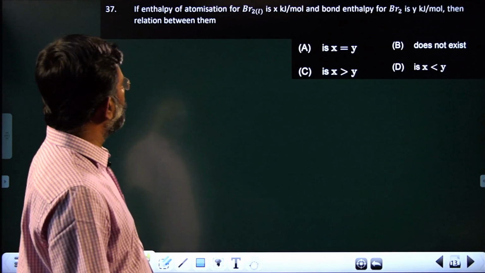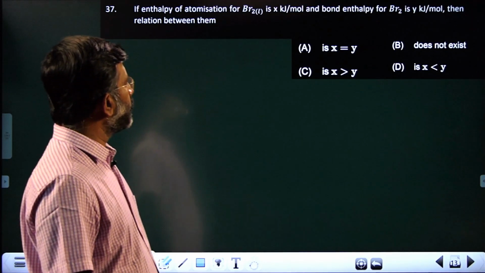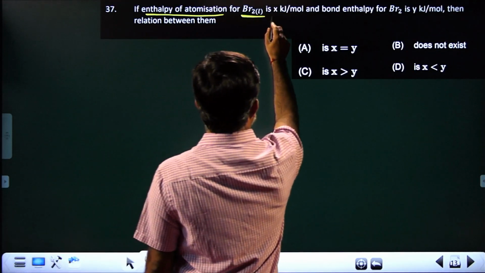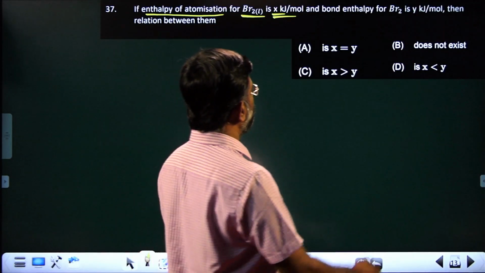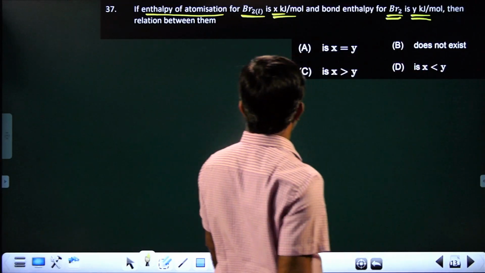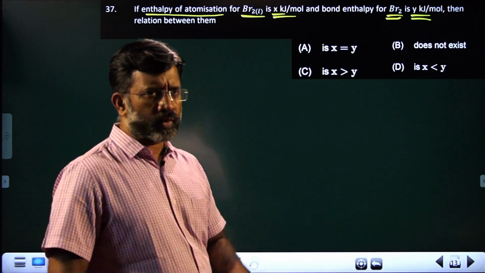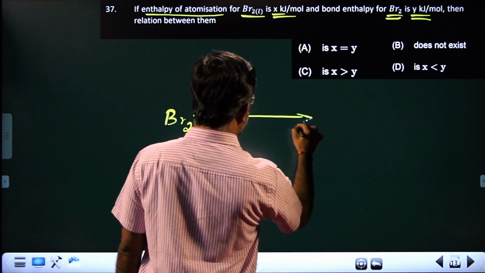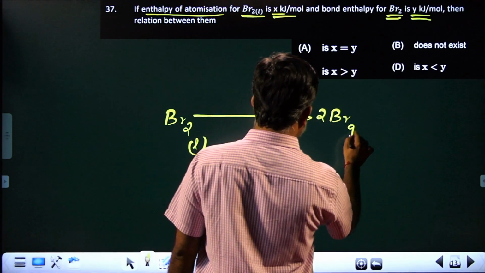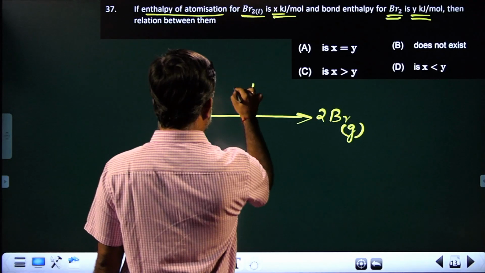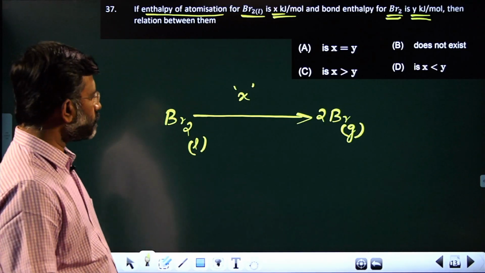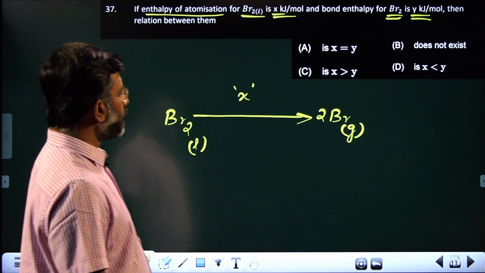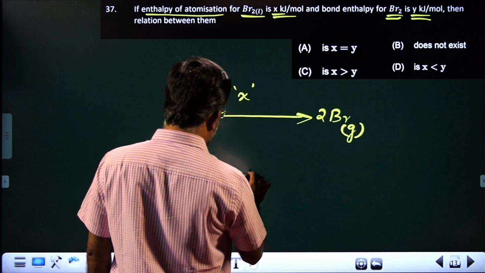If the enthalpy of atomization of Br2 liquid is x kilojoule per mole, and the bond enthalpy for Br2 is y kilojoule per mole, then what is the relationship between them? A simple question. You see, Br2 liquid is converted to 2Br gas. This value is x kilojoule per mole. Enthalpy of atomization and bond enthalpy of Br2.